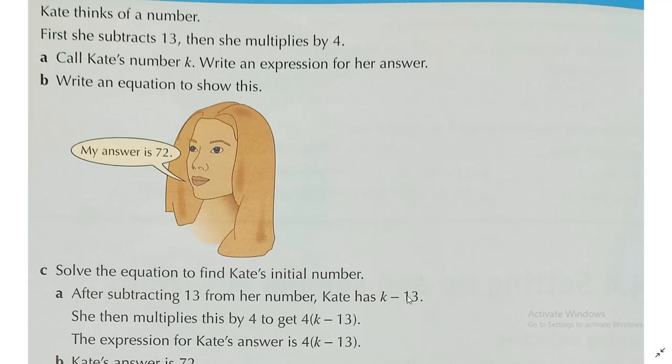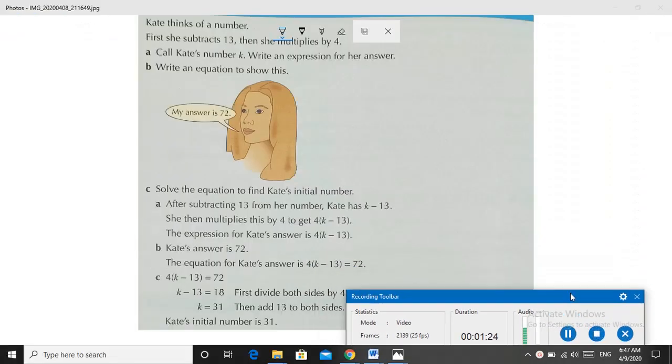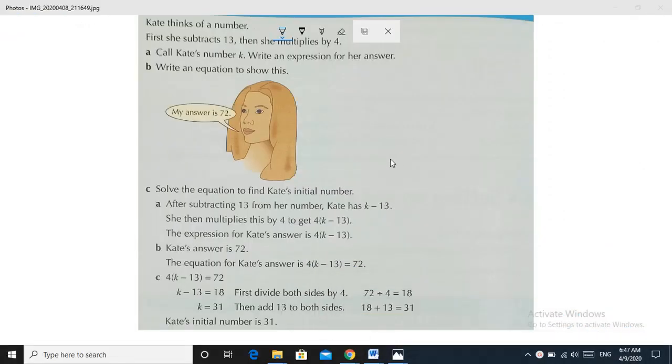So K minus 13. So the first part of this problem is that we need to set up an equation for it. Kate says that first she subtracts 13. Her number is K. So this is the first answer, which is K minus 13.